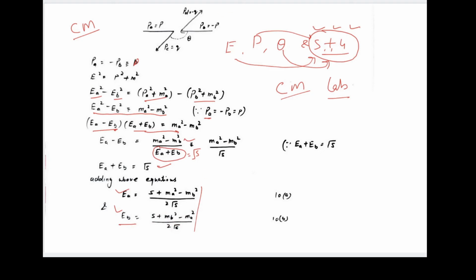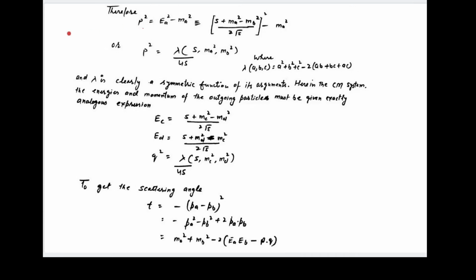Now we want to find the relation of P with S, T and U. So P square is equal to EA square minus MA square. Substituting the value of EA from the previous expression, we will get this. This can be further written in terms of lambda, where lambda is this function: lambda of A, B, C equals A square plus B square plus C square minus 2AB plus BC plus AC.